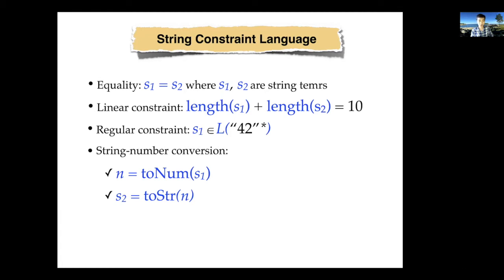We also support some linear constraints like length of S1 plus length of S2 equal to 10. Furthermore, we support some language constraints over some string variables, like S1 is in the language of 42 star. And of course, we support string number conversion functions. Now, there are two types. First, we have convert from string to number, and the second, we have convert from number to string.